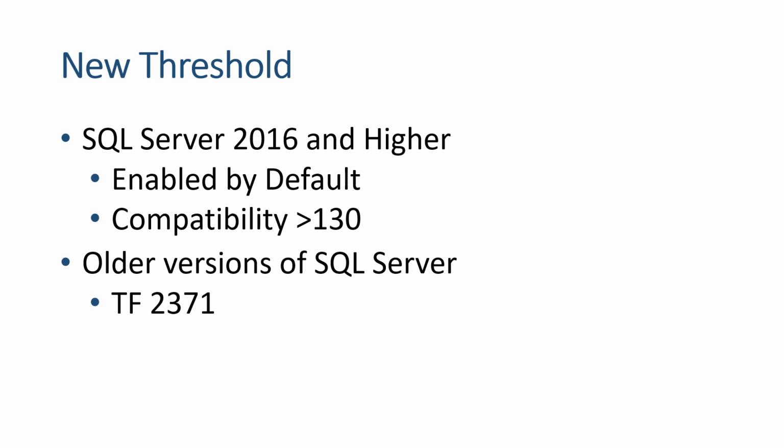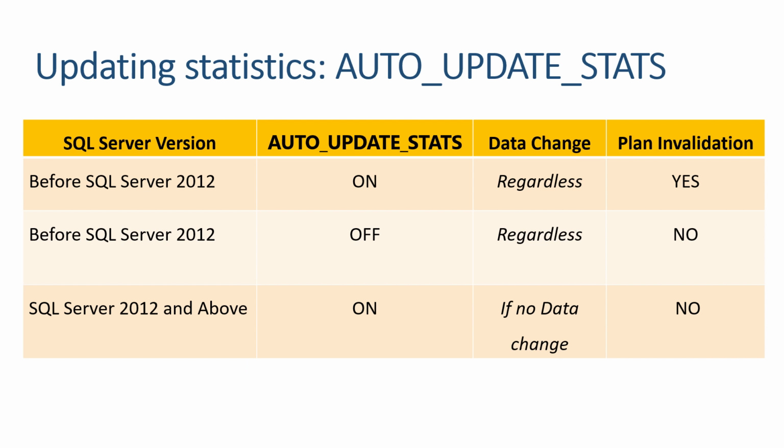Whenever this threshold gets hit by your row modification counter, the stats get outdated, and the next time you use a query that uses that outdated statistic, SQL Server will update these statistics behind the scenes, without your interference.